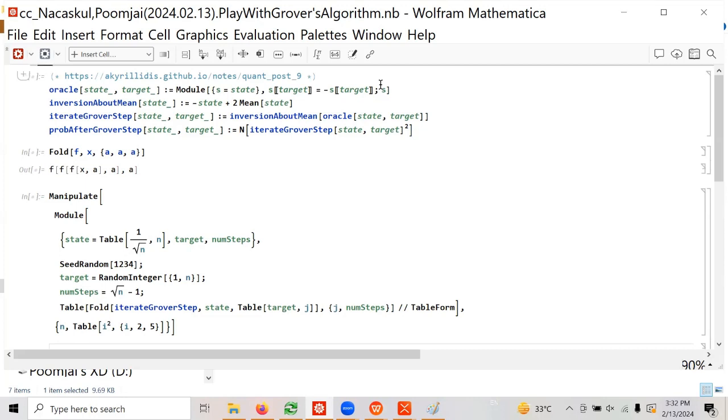But if there are 256 of you, instead of doing 256, I only need to do 16. Yeah, that's pretty cool. So if there are 1 million of you, how many tests do I need to perform? About 1,000, not 1 million.